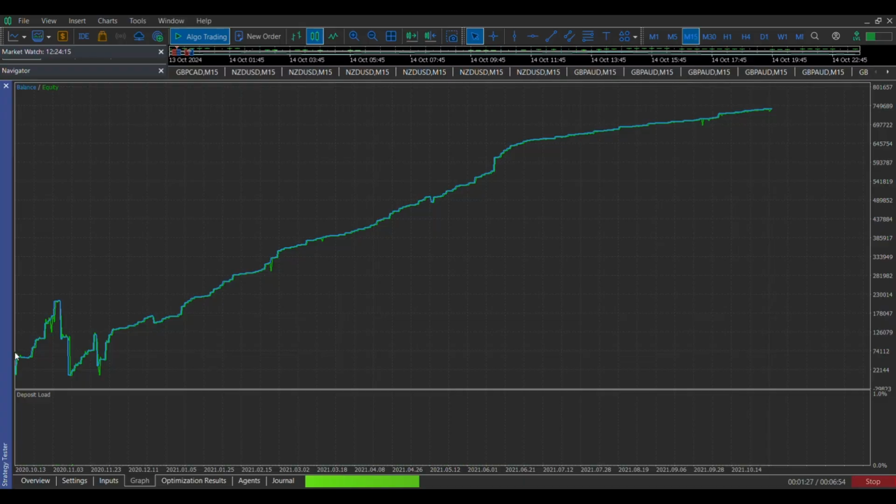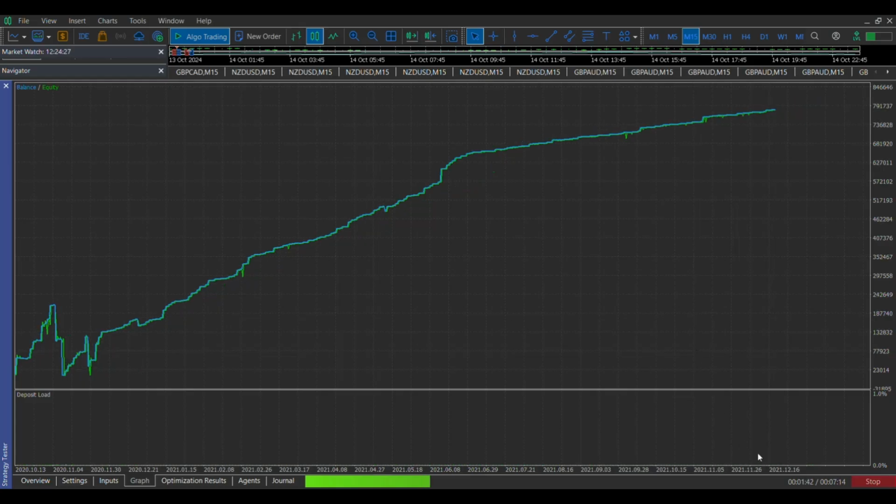As you can see, it started on 13 October 2020, and in only 1 year, 2021, it made 740k.